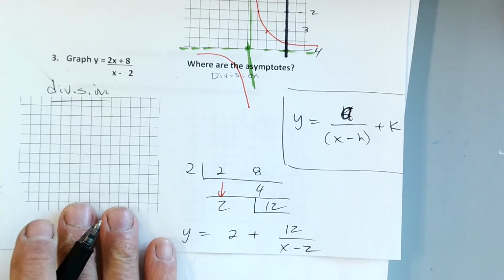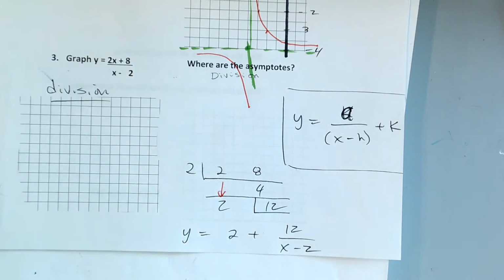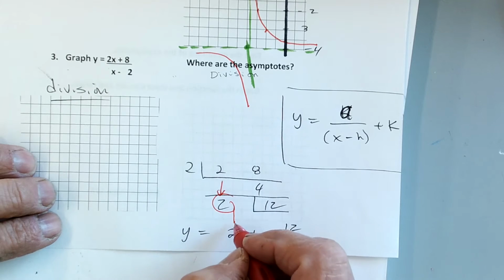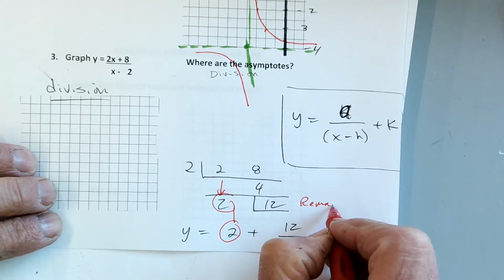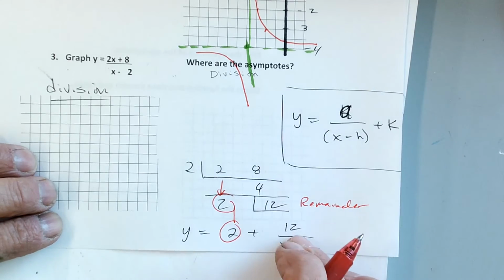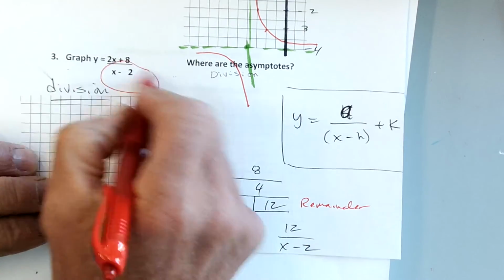Here's my 2, and the 12 is my remainder. So it's plus 12 over what we divided by, okay?